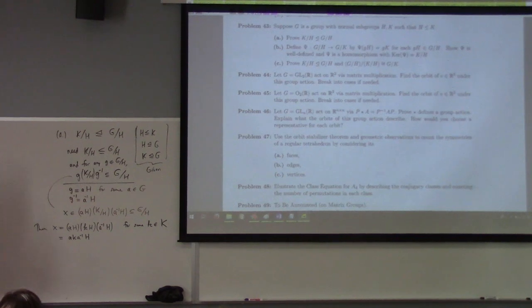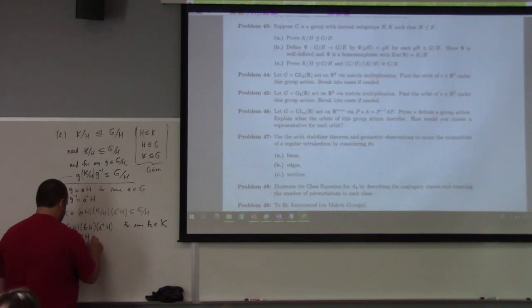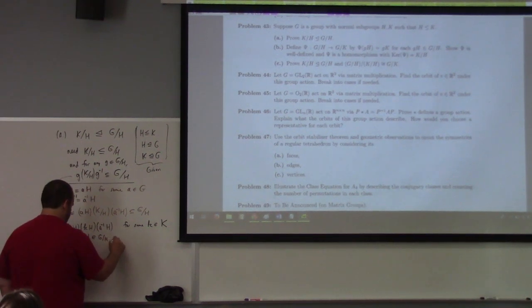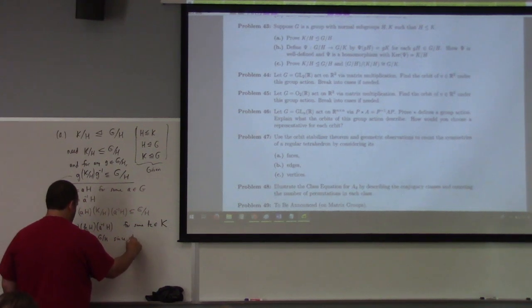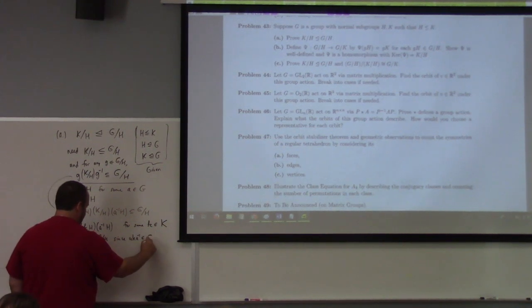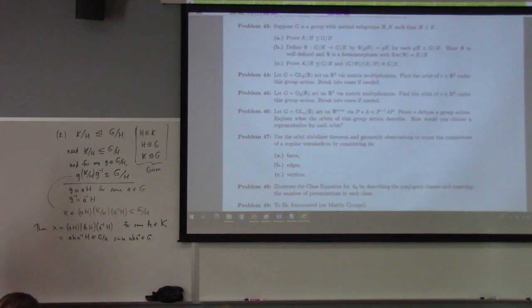Right? Which is an element of G mod H, since A K A inverse is an element of G. That seems too easy. Right?